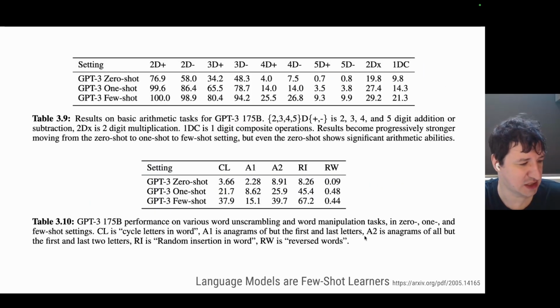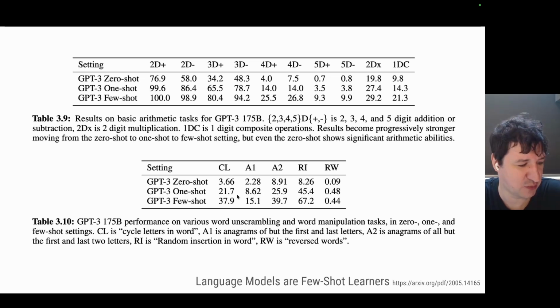In the tasks that they were given, they also saw some quite remarkable results. One task was called cycle letters in a word. The idea is you shift all letters in the word by one position, and then you put the last letter in the first position. Basic models like GPT-3 were really struggling with this task. They were able to solve only about 3% of cases.